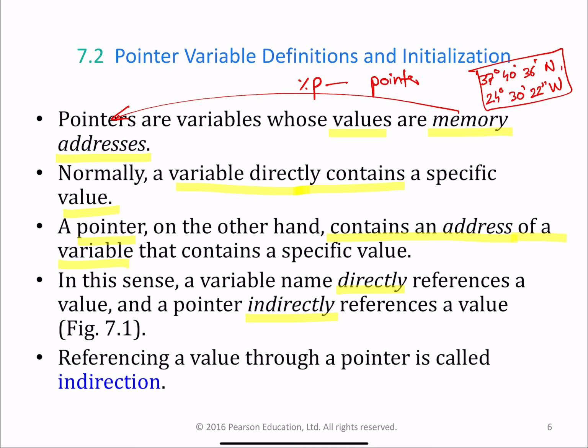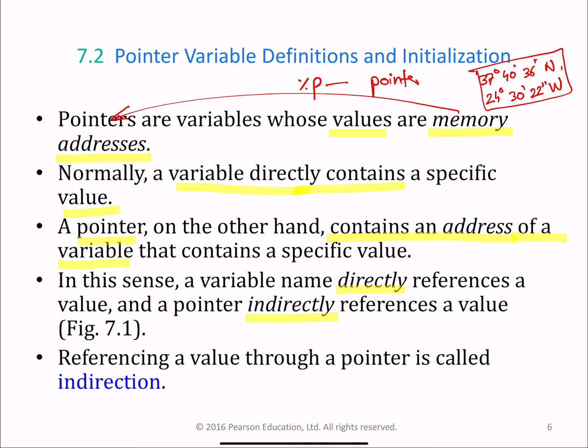Now, all the variables that we have seen so far simply contain some kind of value, depending on what type of variable we're dealing with. If it's a character variable, it stores a single letter or other type of character. If it's an integer variable, it stores some kind of whole number, positive, negative. If it's a floating point or double precision floating point variable, it stores a positive or negative fractional number.